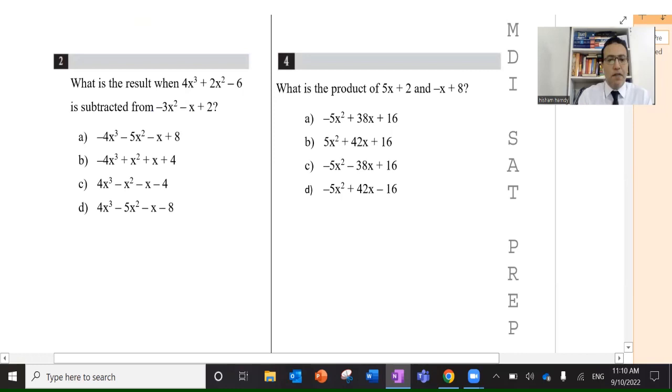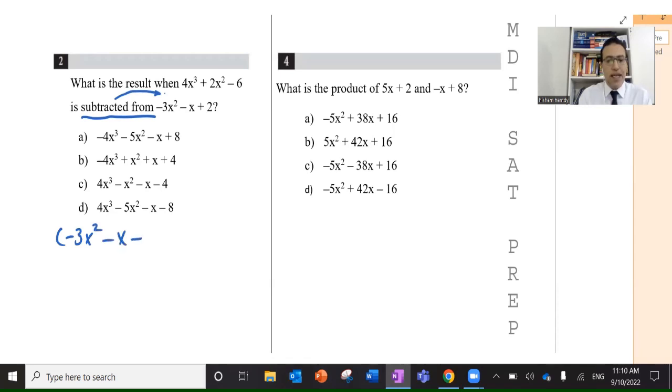What is the result of when 4x power 3 plus 2x squared minus 6 is subtracted from? What comes first after subtracted from? So it's negative 3x squared minus x plus 2 minus 4x power 3 plus 2x squared minus 6.